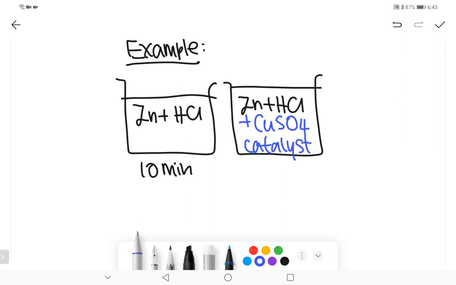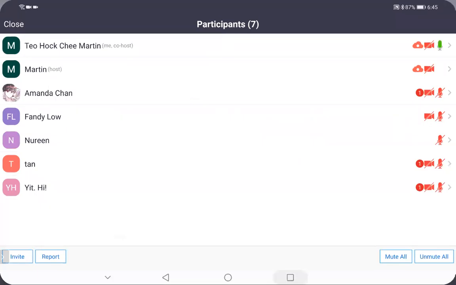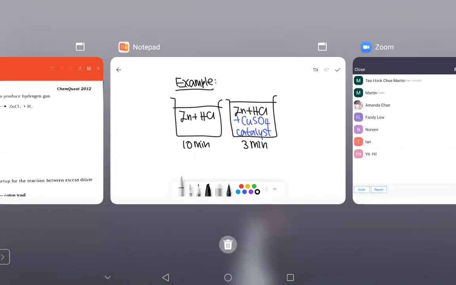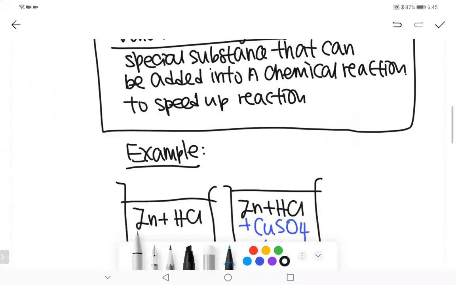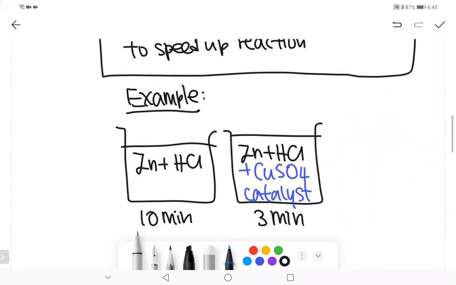When you add the catalyst, the reaction speeds up. So instead of 10 minutes, now it becomes 3 minutes, for example. So catalyst is a substance that we purposely add in to speed up the reaction.